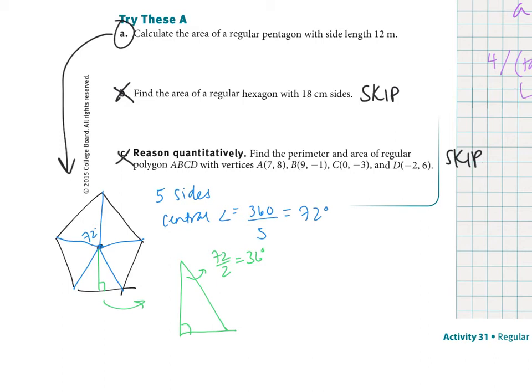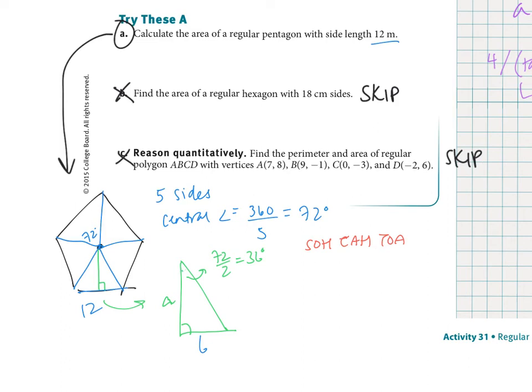They also give us that the side length is 12, so that means this whole side is 12, so half of it for that part of the triangle is going to be 6. Now, unfortunately, this is not a 30-60-90 triangle, so guess what? We're going to have to use some SOHCAHTOA. We're going to have to use some trig, and remember, we're looking for side A, the apothem.